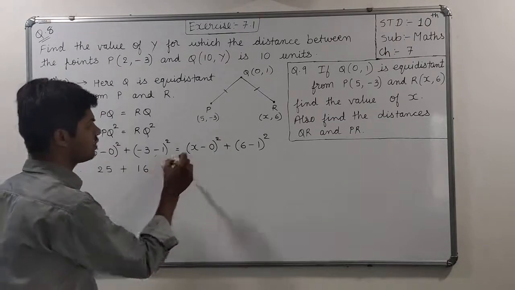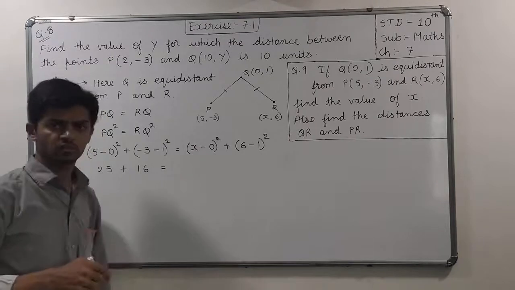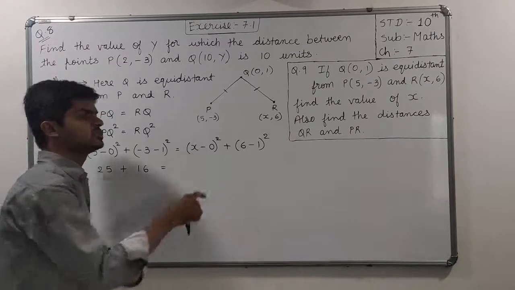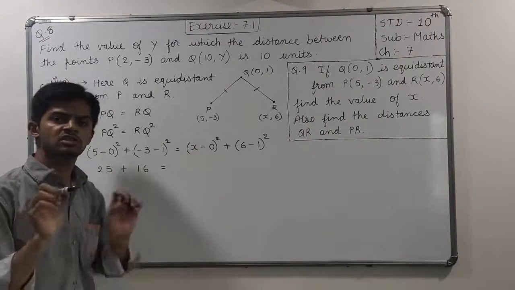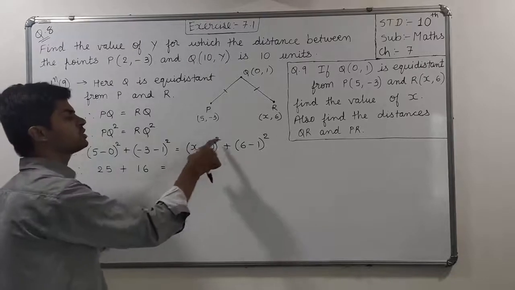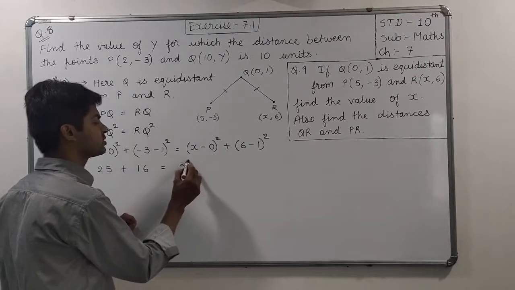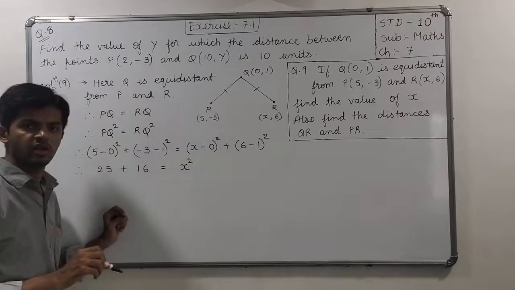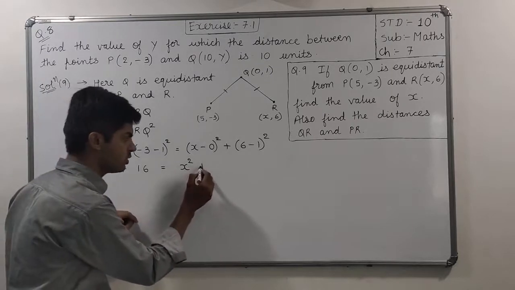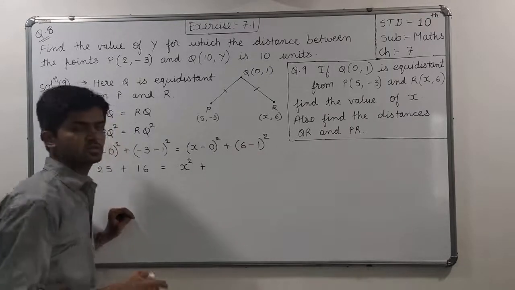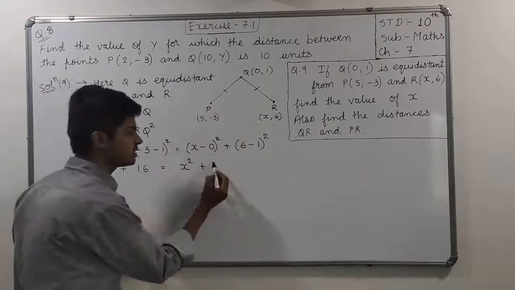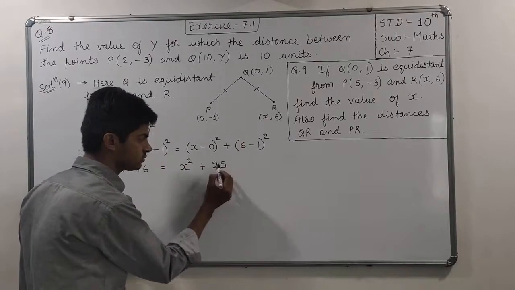Okay, now x minus 0, x minus 0 it means simply x, right? And the square of it means x square. Very simple, है ना? Okay, now 6 minus 1 is 5, and 5 square is 25.